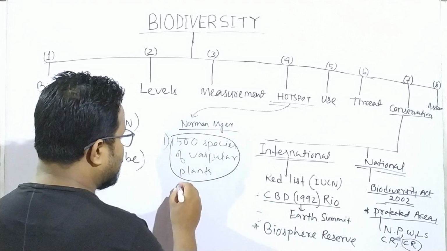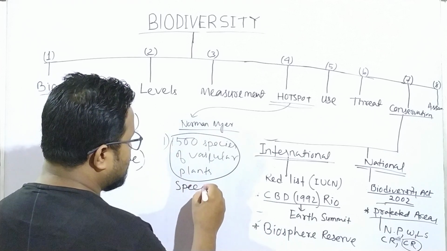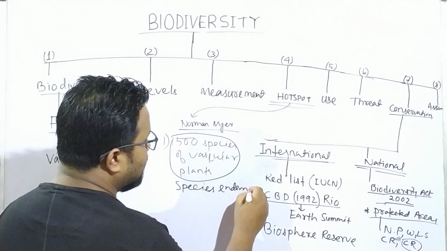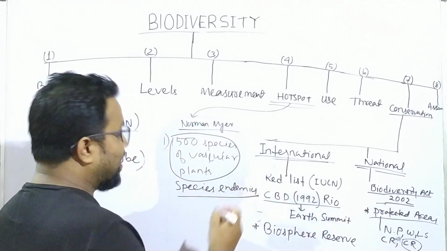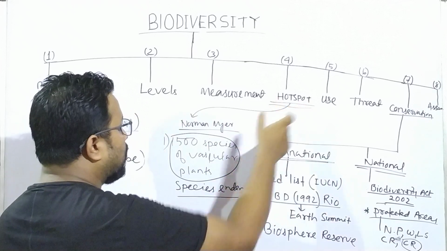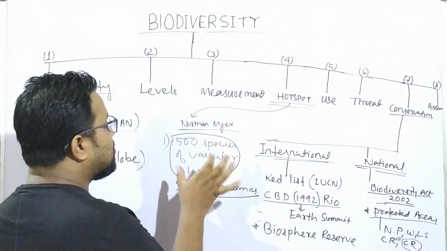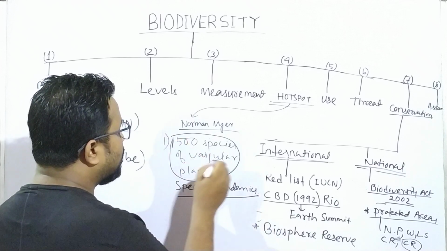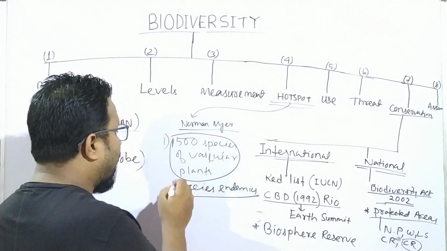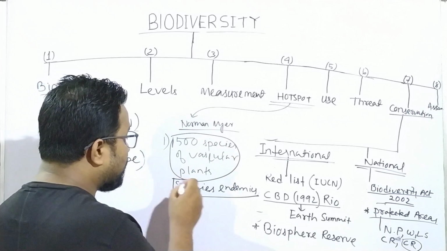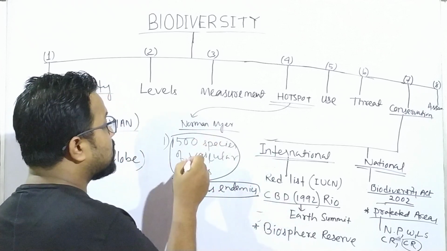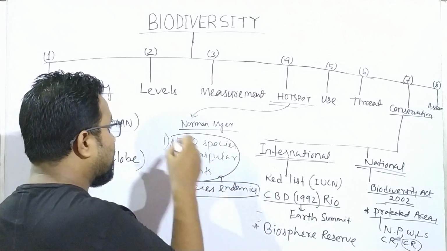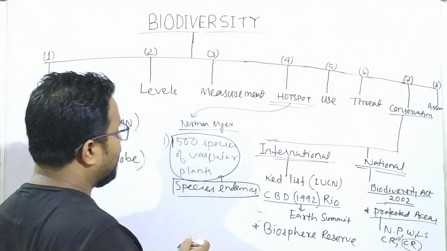The region which is declared as a hotspot: the number one condition is that this region must contain 1500 species of vascular plants.